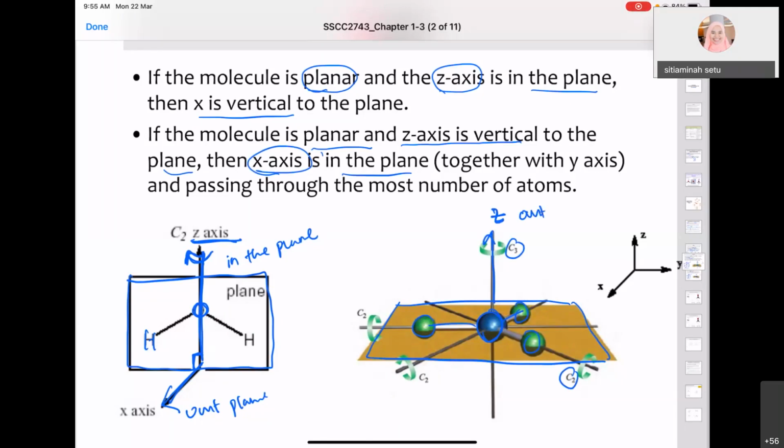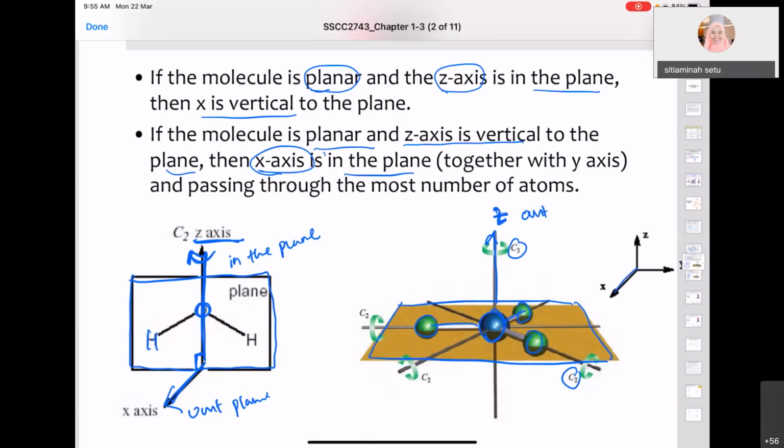That's mean you punya X mestilah dalam plane. Okay. So here this is the Z and then X mestilah dalam plane dan dia mesti passing through the most number of atom. Okay. Kalau kita tengok kat sini, kalau tengok dia punya axis of rotation, you boleh rotate dekat sini kan. So kita nak X yang dalam plane dan go through the most number of atom, that's mean X dia mestilah arah sini. Okay, so this is the X.